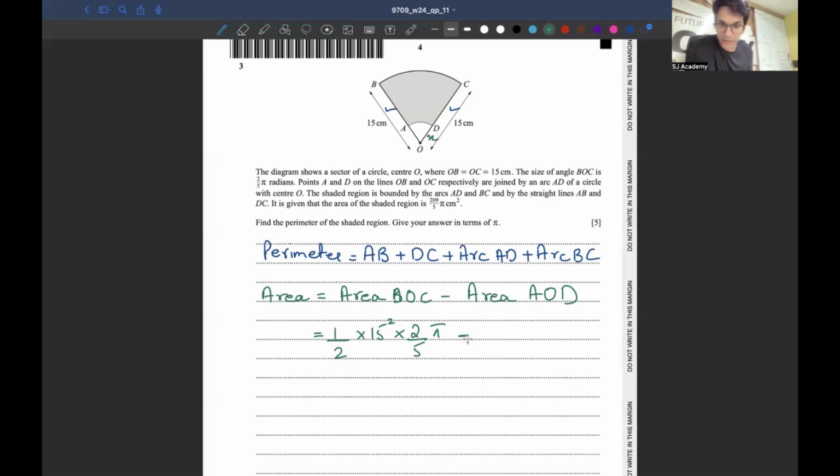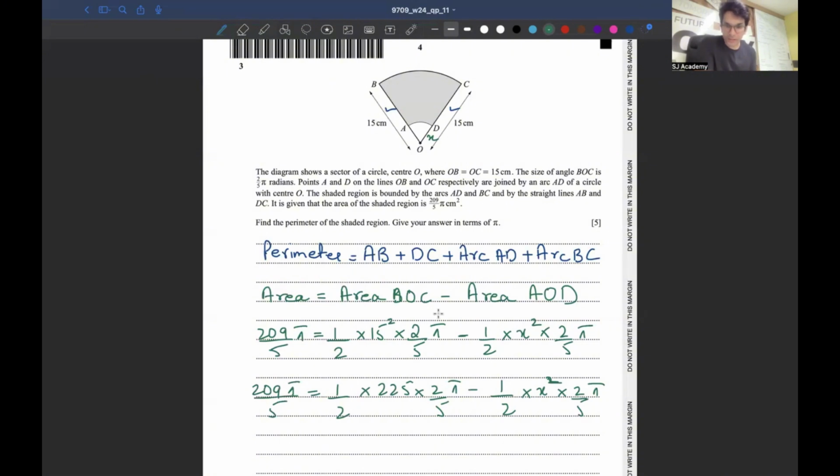So we know that the area AOD will be equal to half into x squared into the angle, which is 2/5 π. And this difference will be equal to the area of the shaded region, which is 209/5 π. Now, simplifying this, 15 squared is 225. So 225 into 2/5 π minus half into x squared into 2/5 π is equal to 209π/5.